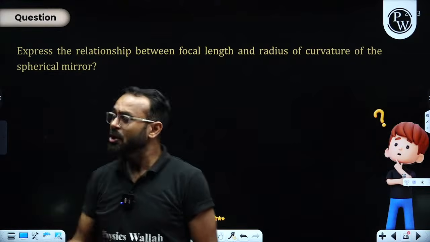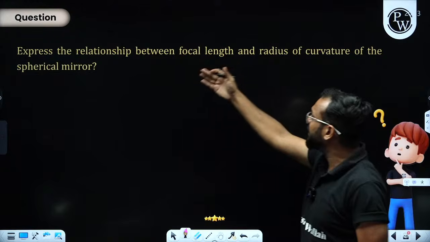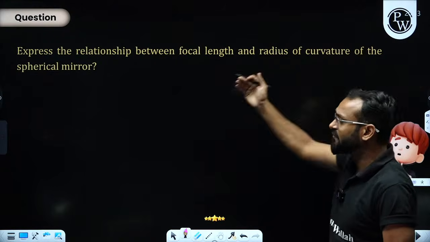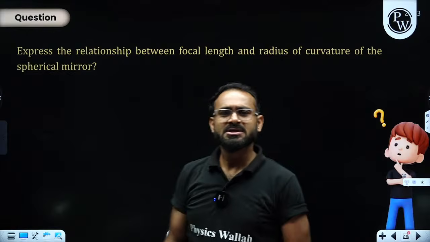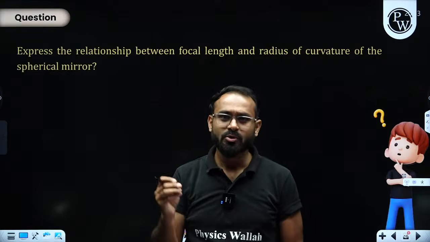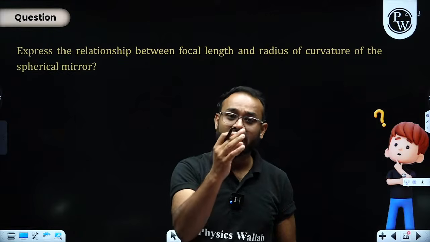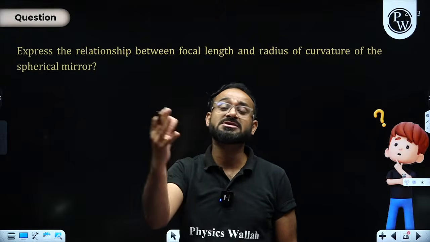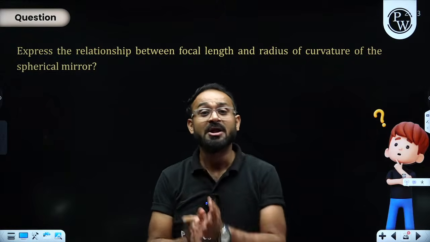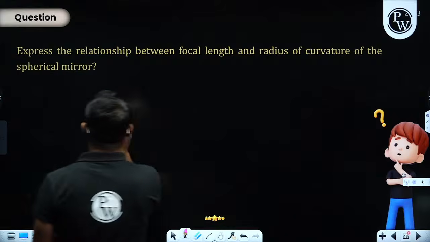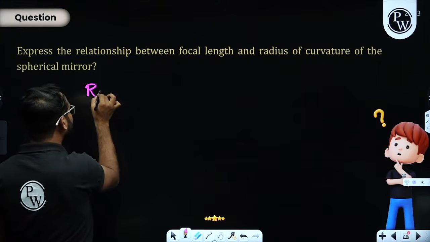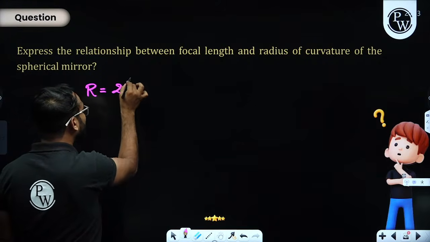Now there is one question over here. What is that question? The question is quite simple: express the relation between focal length and radius of curvature of the spherical mirror. See, when the experiments were happening to check where the focal length is, what the distance will be, and how this is related to the radius of curvature, the conclusion was quite simple: the radius of curvature is equal to twice the focal length.